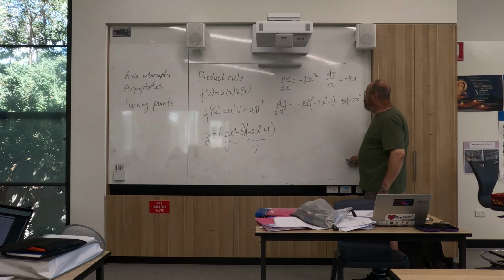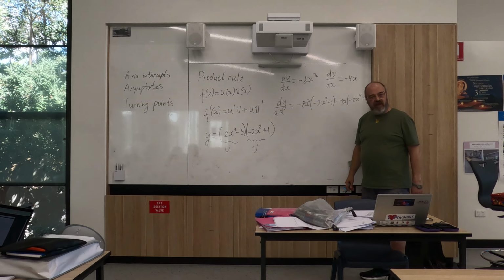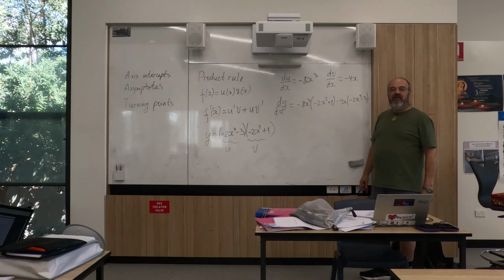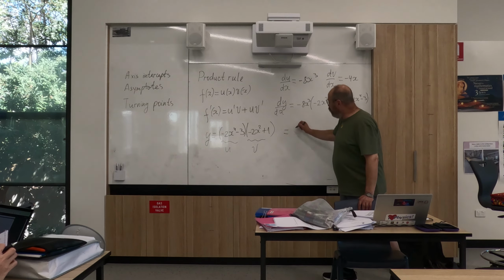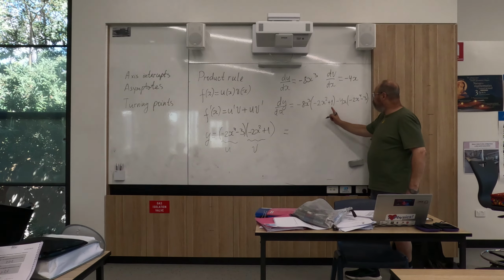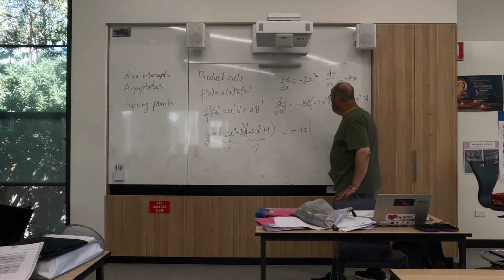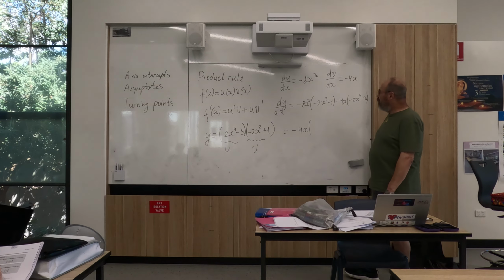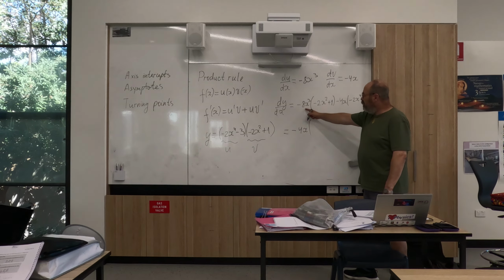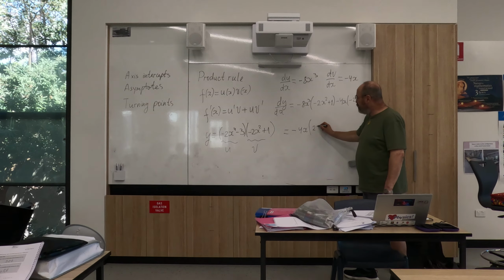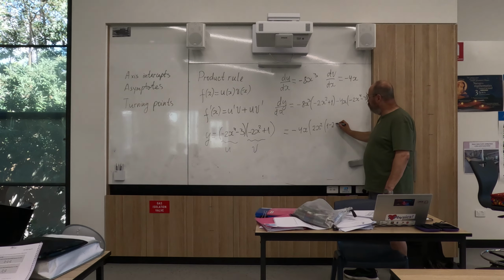I suggest it would not be a good idea to leave it like this. I suggest to take some common factors. What will be the common factor? Minus 4x. So we will have here 2x squared times 1 minus 2x squared.